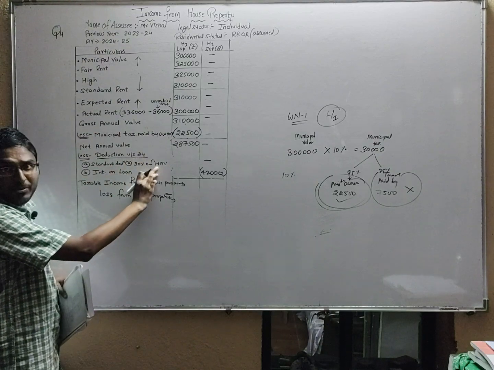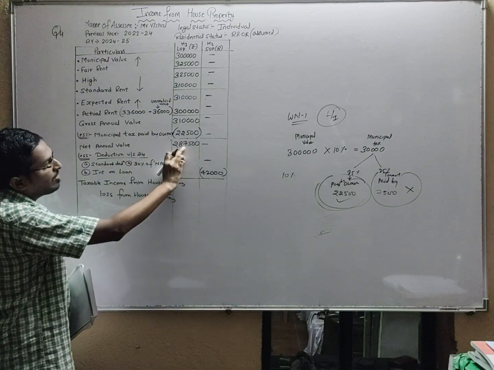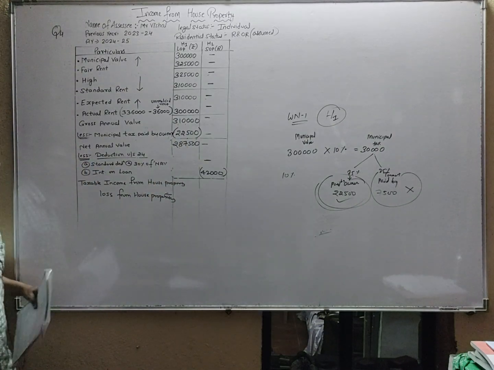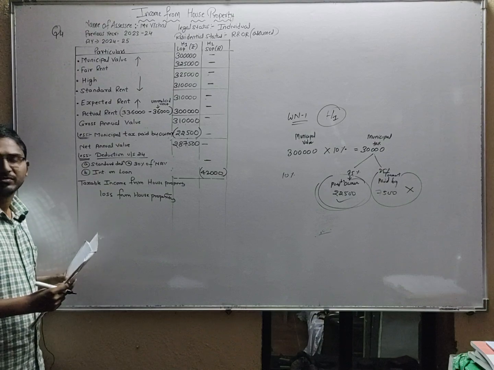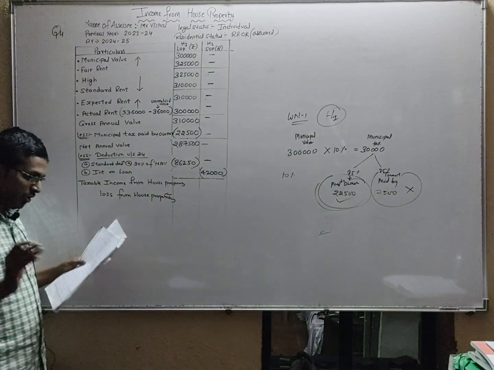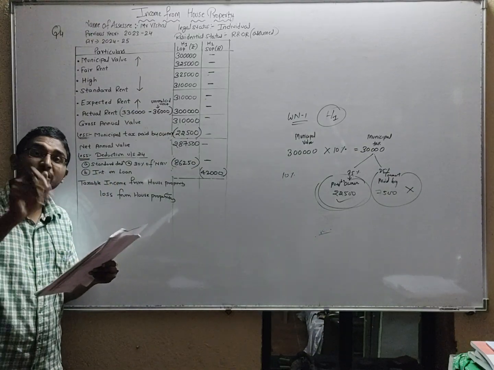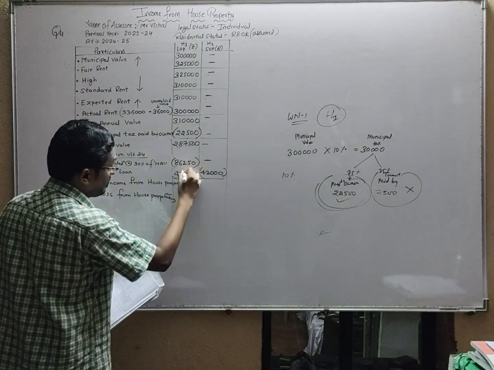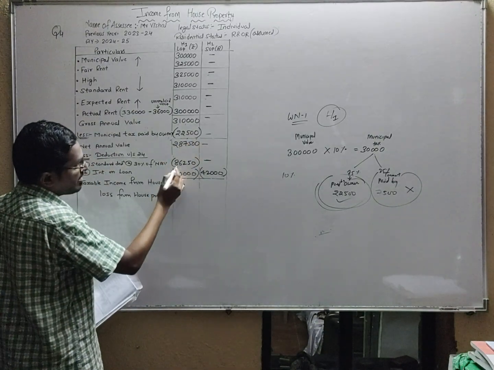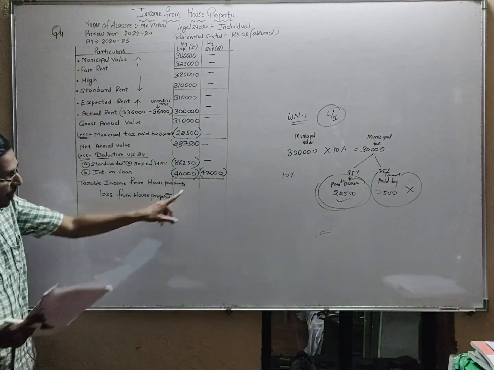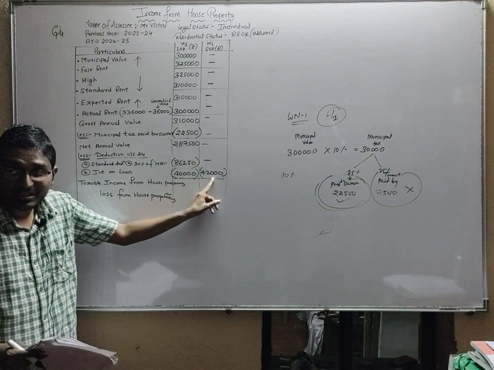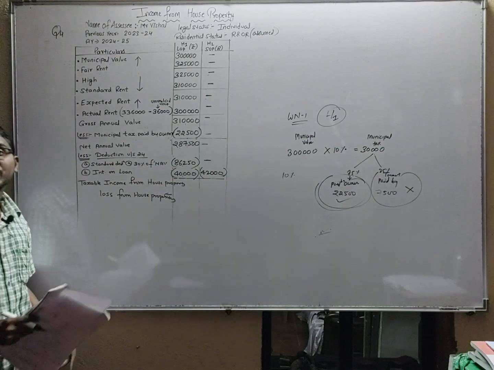Okay, now you will get deduction under section 24. Standard deduction you will get 30% of the net annual value. So 30% of net annual value 2,87,500, you calculate, how much you get? 86,250. Okay, and interest on loan, that deduction also you will get. Interest on loan is how much? 40,000. Okay, students. So 2,87,500 minus 86,250 minus 40,000, and students, this second house property, the self-occupied property for residence, that interest also you will get deduction here.